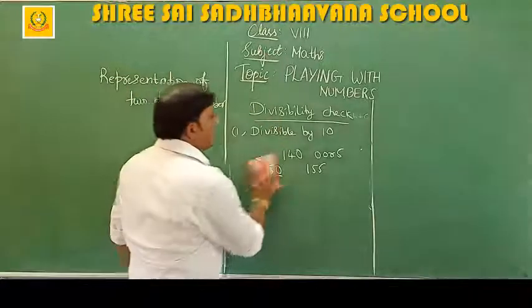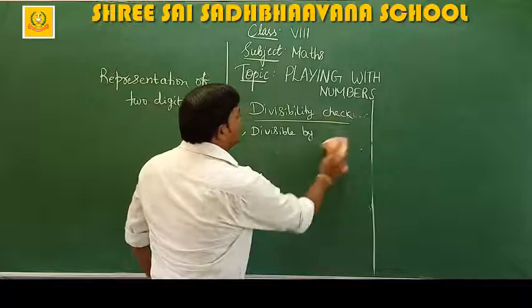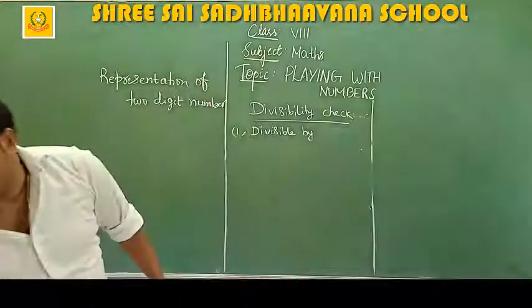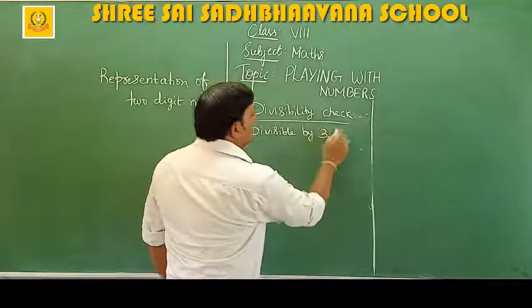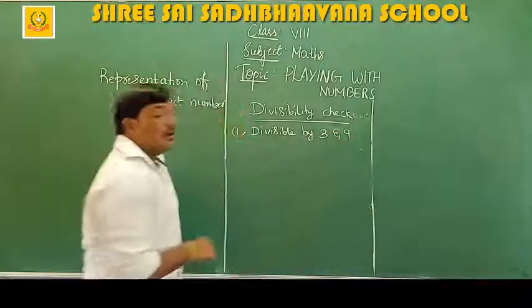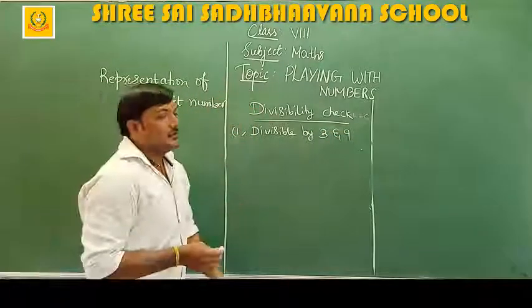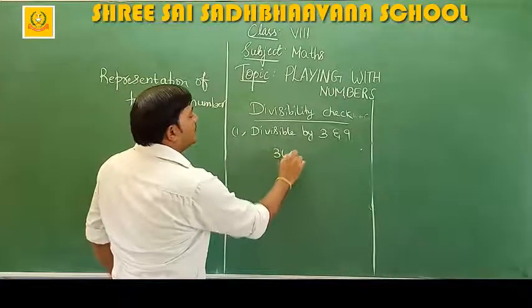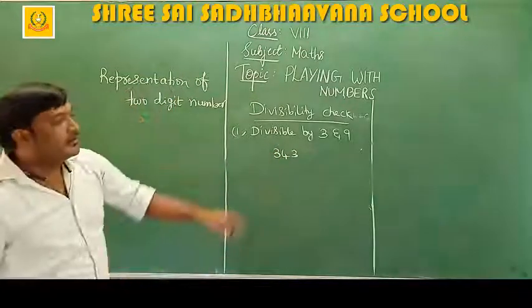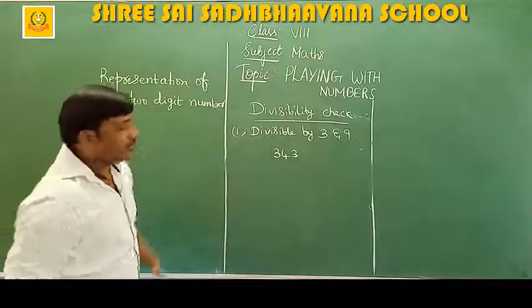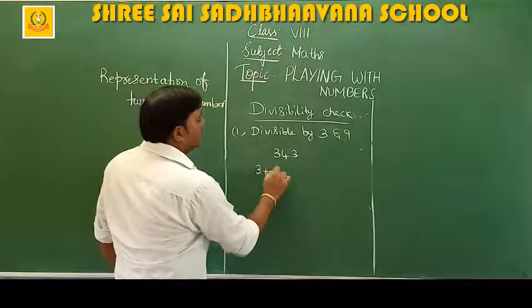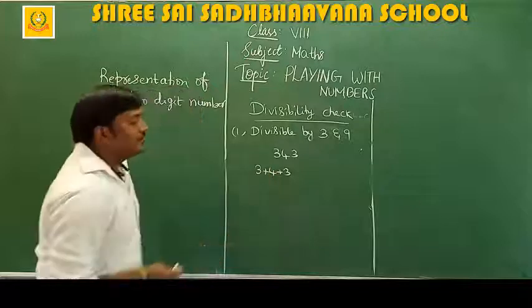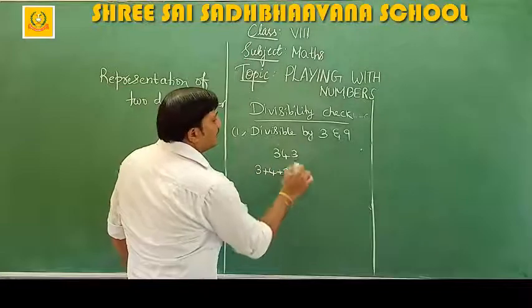Now we will check divisibility for 3 and 9, whether the given number is divisible by 3 or 9. First we will check with 3. Consider the number 343. Just add all the digits. 3 plus 4 plus 3. What do you get? You get 10.